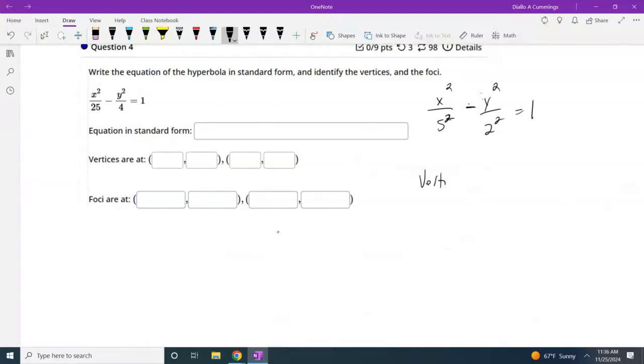Right, so the vertices plus or minus a comma 0. So a is going to be 5, right? So our vertices are located at plus or minus 5 comma 0.